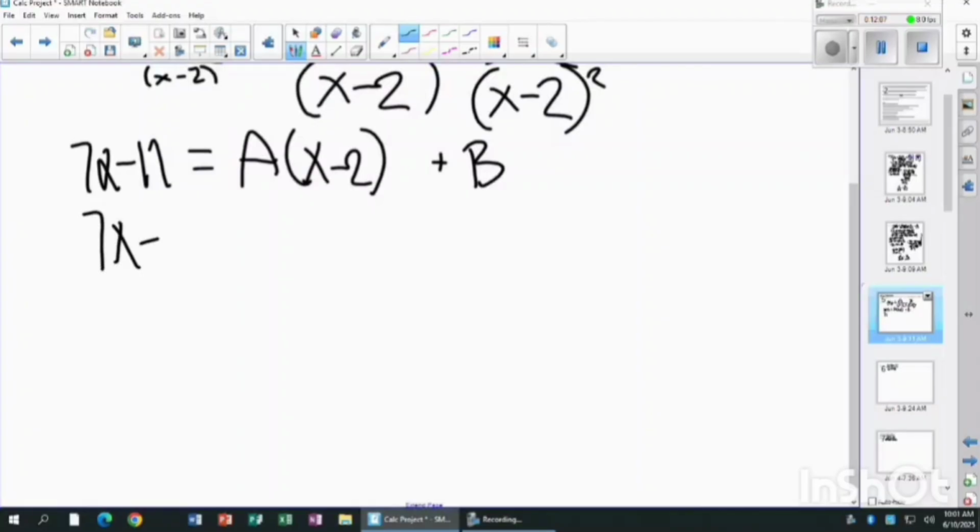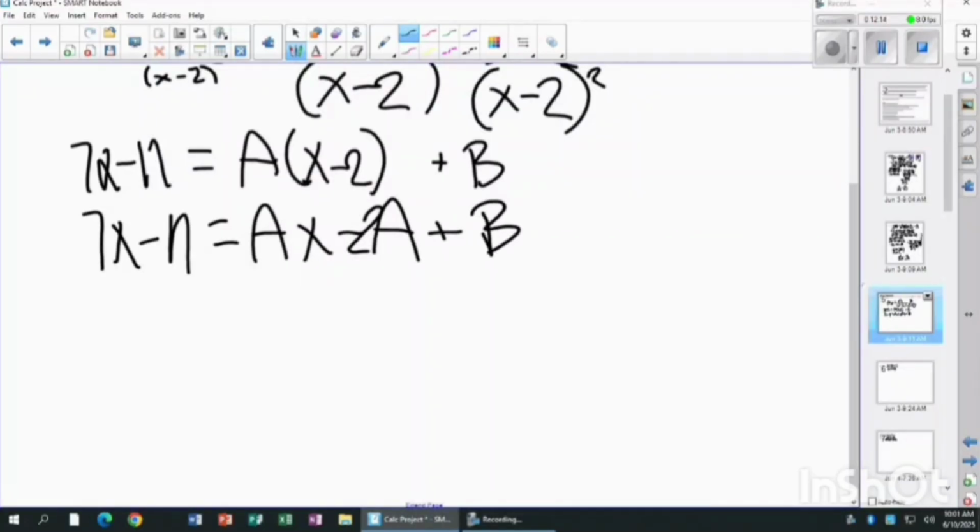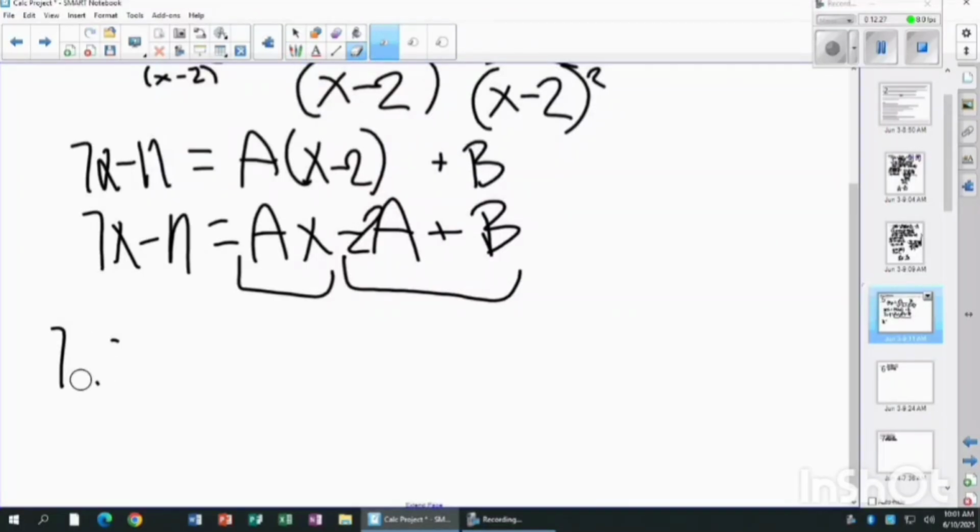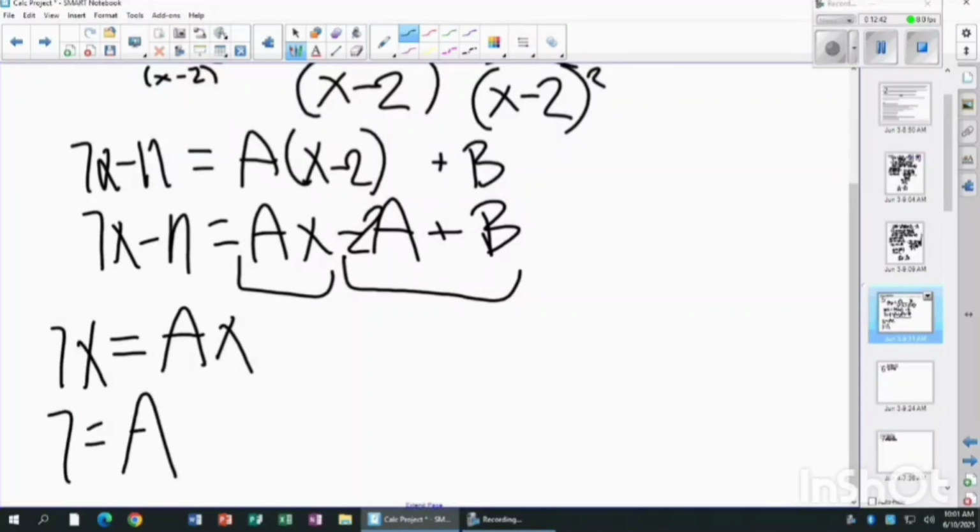So after distributing, 7x minus 11 equals ax minus 2a plus b, and they're kind of already grouped, ax plus negative 2a plus b. So 7x equals ax, and then the x's will cancel, so 7 equals a.